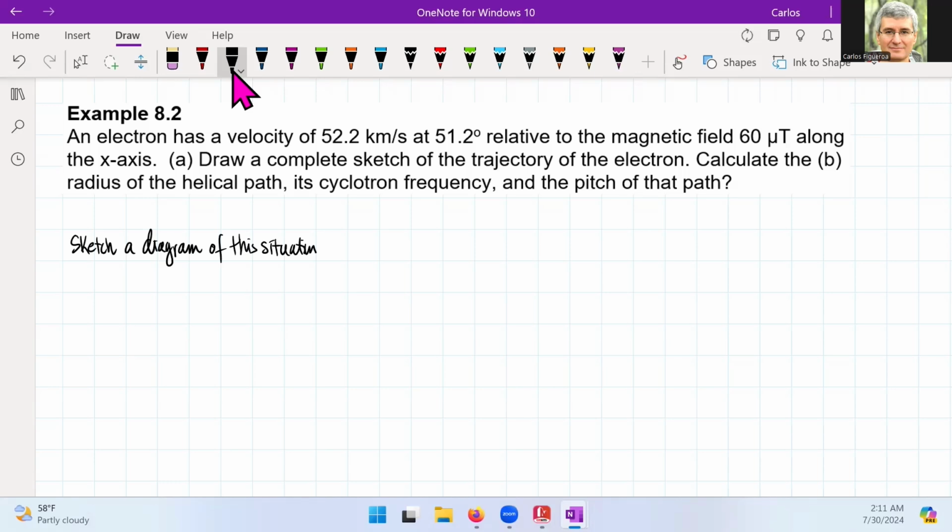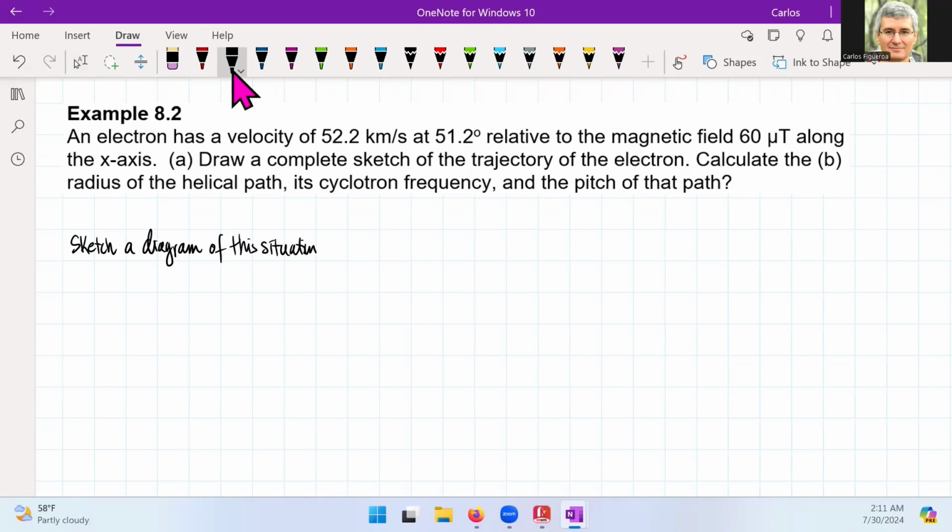Note that it's not telling us about the direction of the magnetic field. Well, it does tell us about the direction of the magnetic field, but it doesn't give us all the details about the velocity. Is it velocity in the x and the z? Is it in the y and the x? Or whatever. So we're going to have to make some assumptions.